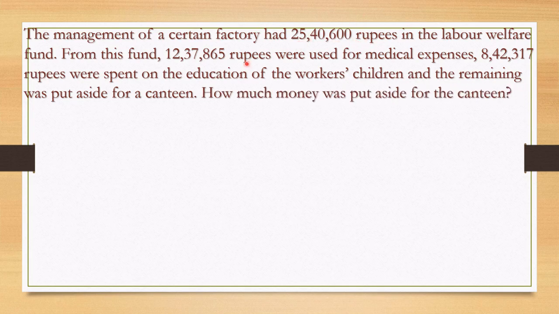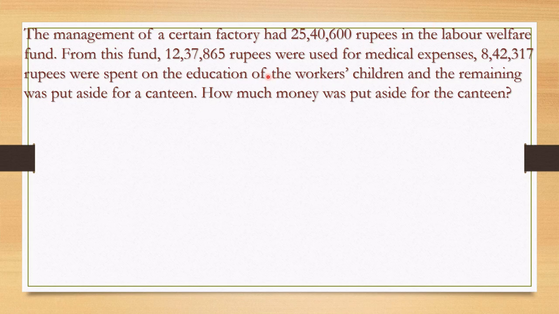From that amount 12 lakh 37,865 rupees were used for medical expenses. Okay, for medical use. And 8 lakh 42,317 rupees were spent on the education of the workers' children, and the remaining was put aside for a canteen. How much money was put aside for the canteen?